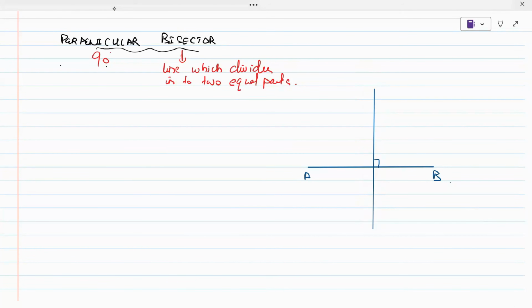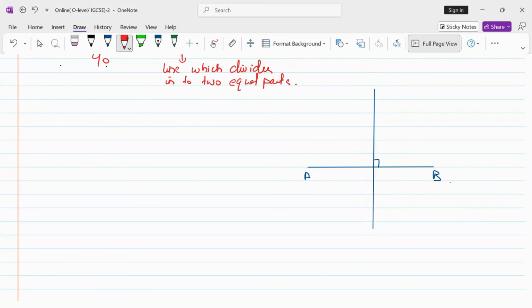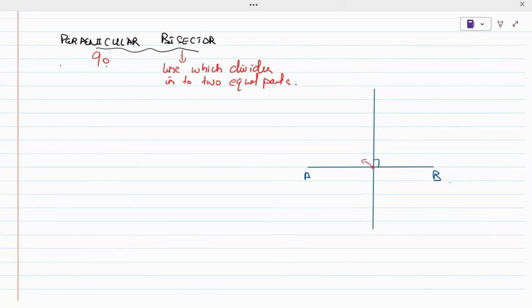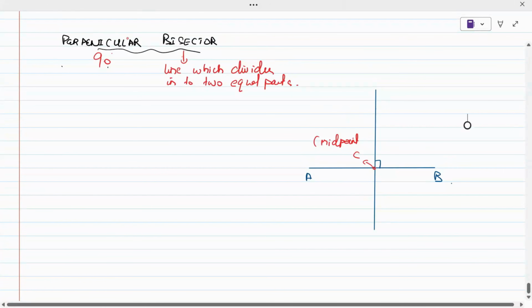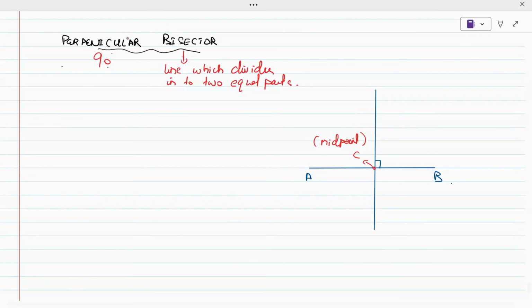So the point through which it is passing, if this is C, then C has to be the midpoint of AB. And this is the perpendicular bisector.